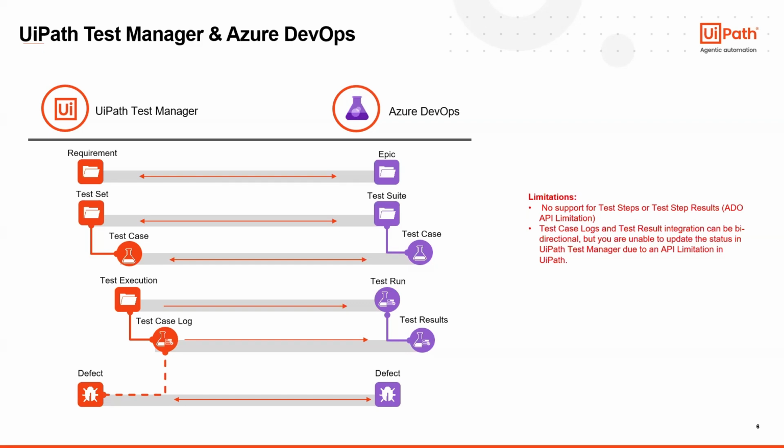We cannot change pass to fail or fail to none. These APIs have limitations, so the status of any executed test case will not get changed. We can implement the test case log integration only one way, from UiPath to ADO.